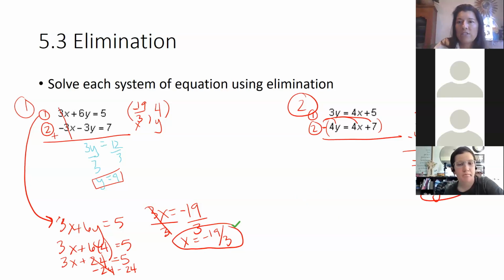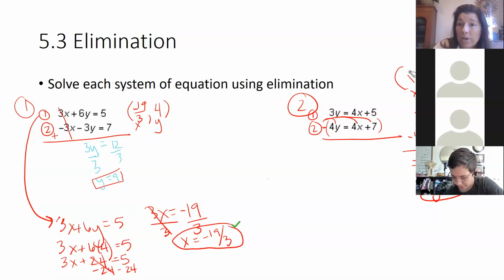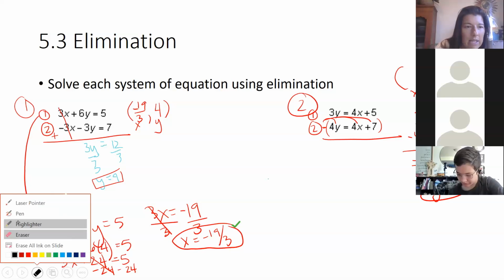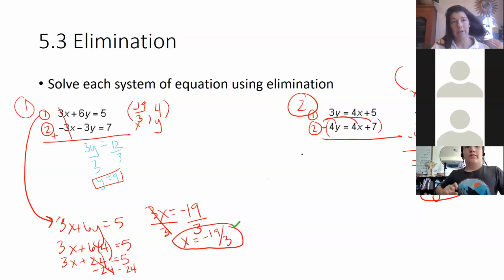Okay, so we just found our y coordinate there. To find your corresponding x coordinate, you're going to substitute that back into one of your equations. Okay, this problem is on your checkup worksheet from this lesson, so you can verify your answer. Finish that up and verify your answer. Okay, so that's elimination.